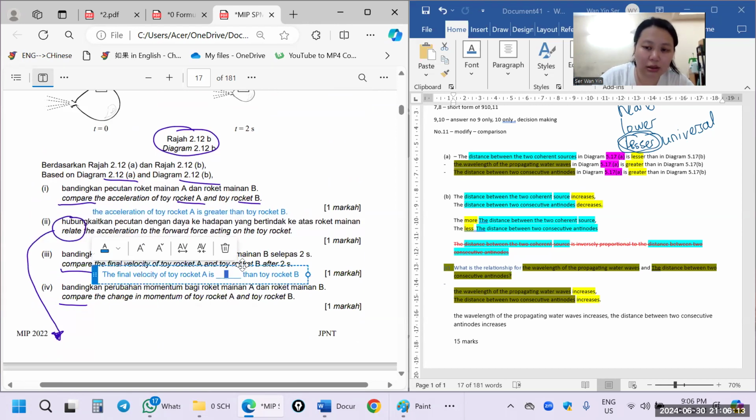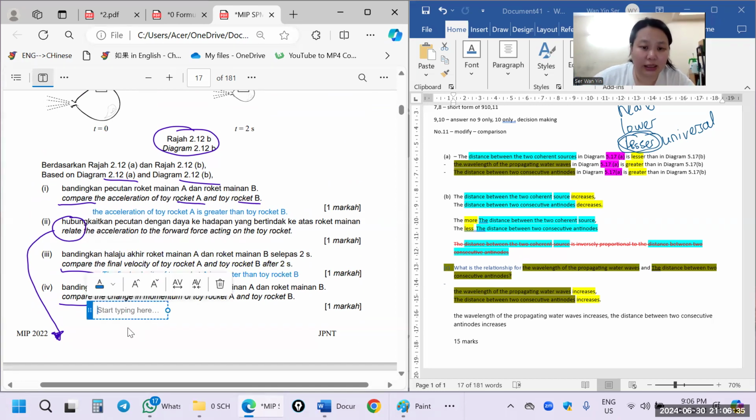It's the same thing, it means greater than, right? Then now compare, always remember compare, then only you relate.